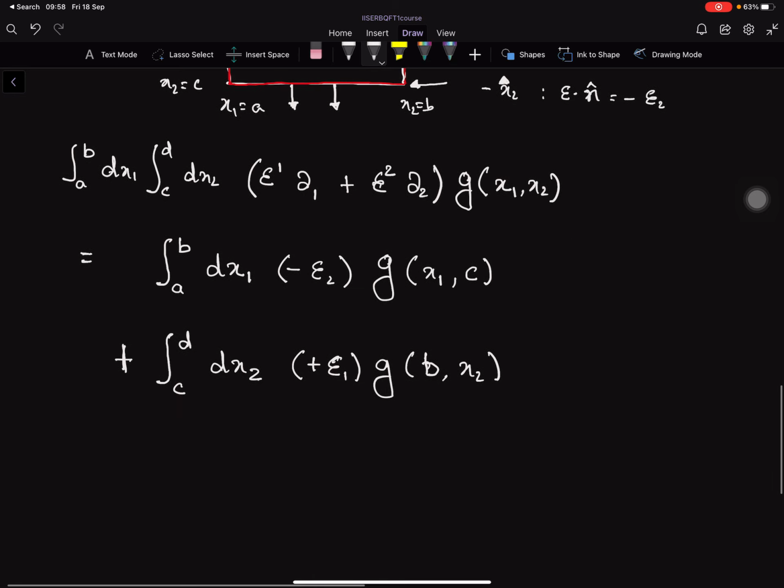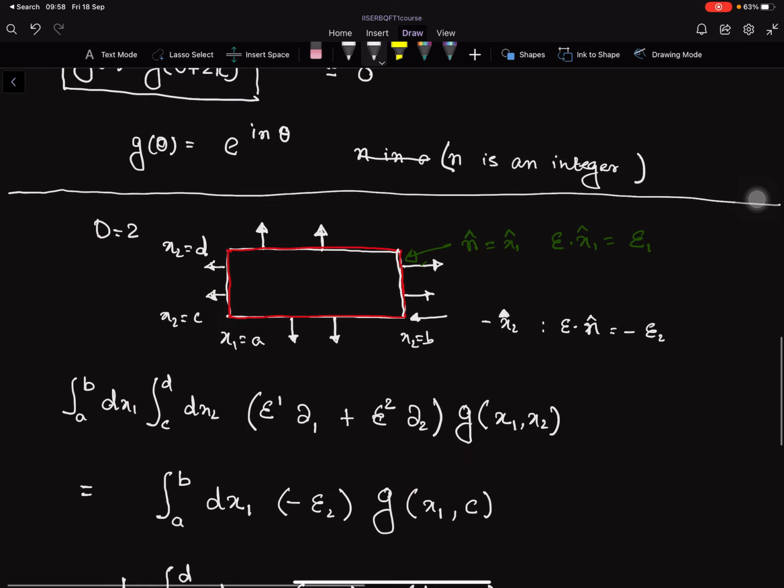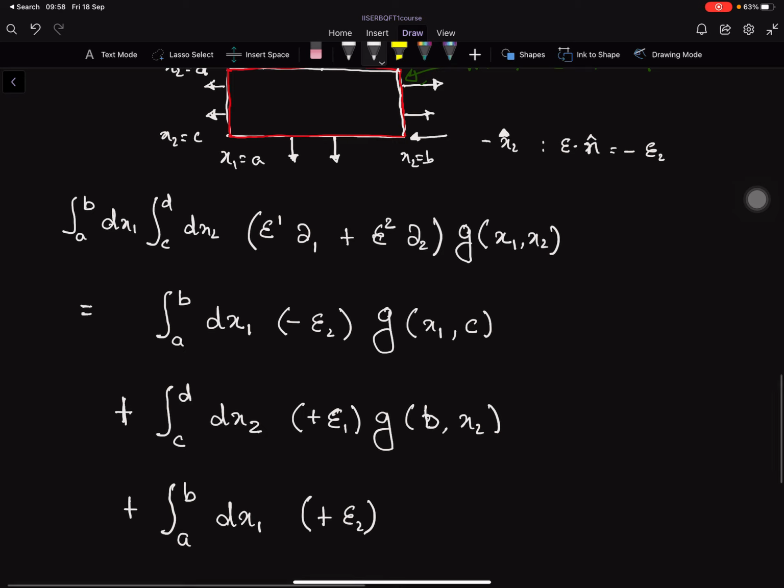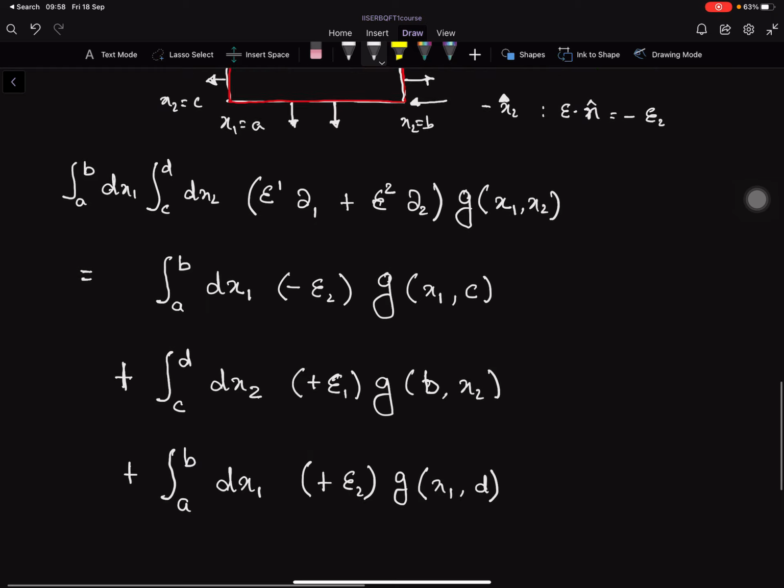Now we go to the third component, and you can convince yourself that this is the integral from a to b dx1 plus epsilon 2. Why plus? Because in this case the normal is upward, so the normal has changed direction. Plus epsilon 2, then g of x1 and x2 now restricted to d.